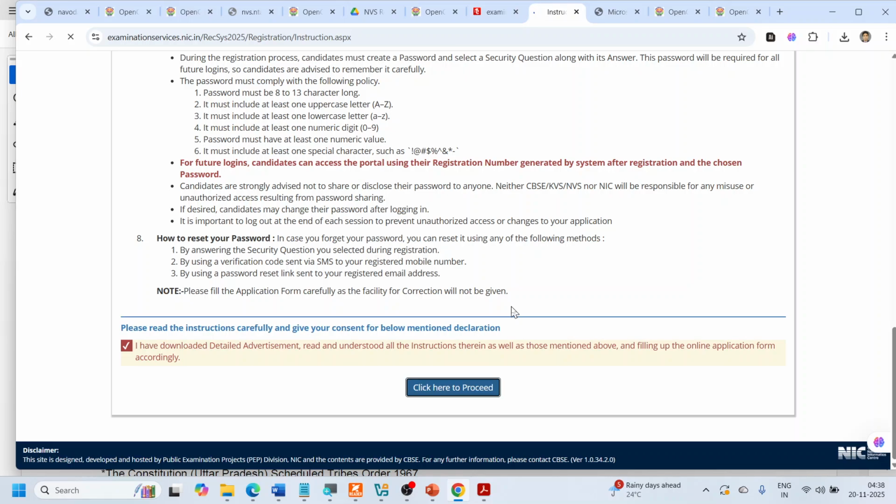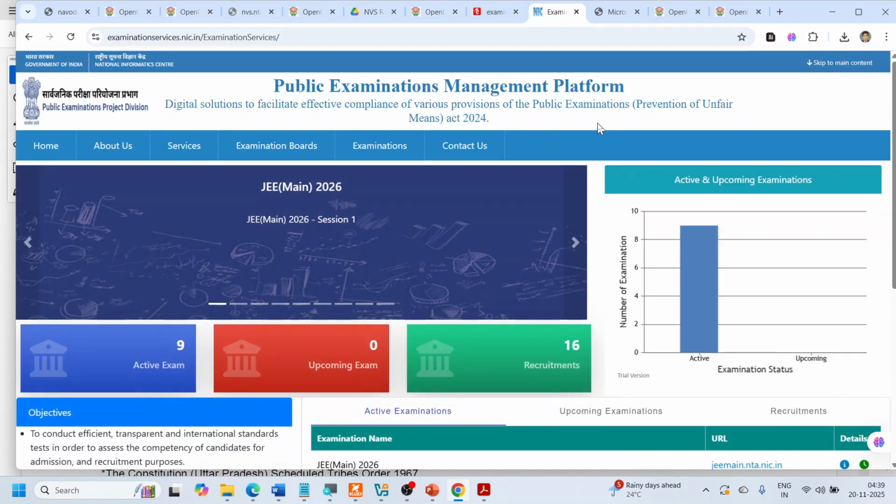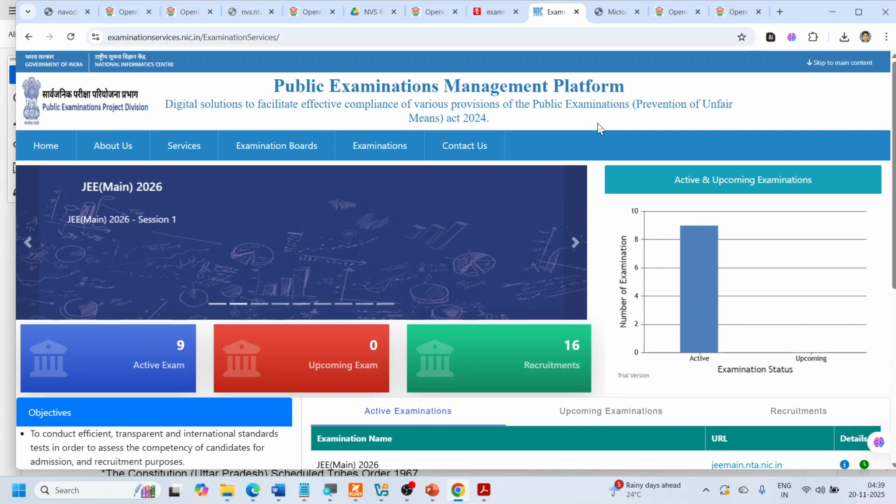Because my net is slow today, when I went here, the net became suddenly slow, so I'm not able to get to that speed. So you notice over here, this is what you are going to get. I think it went to some wrong site there.